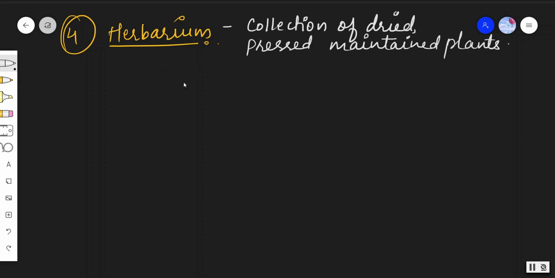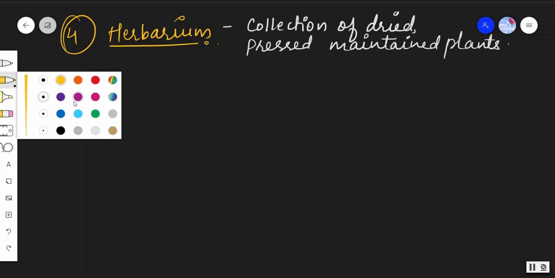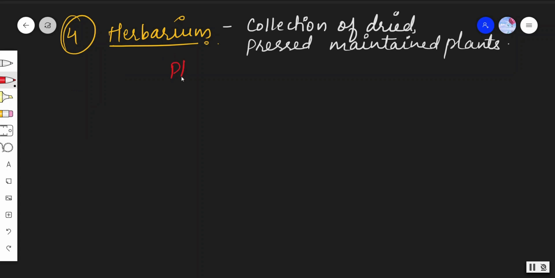So what actually is done? If I choose a plant, it is first dried and then pressed on a filter paper.